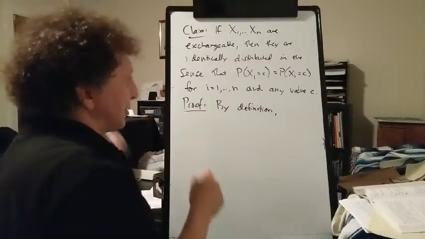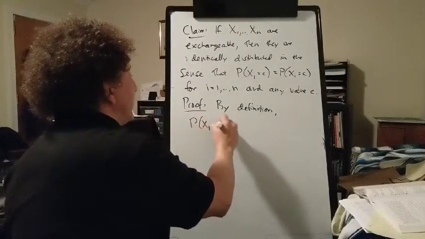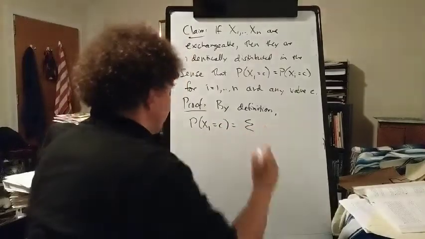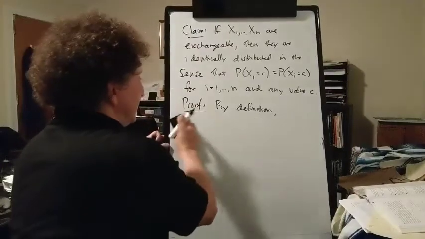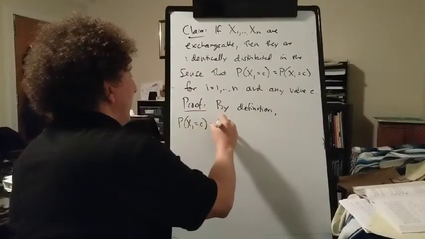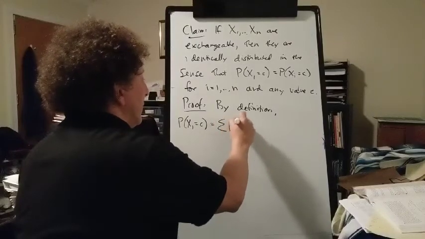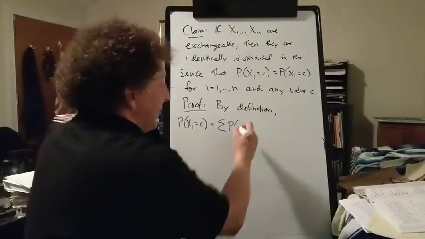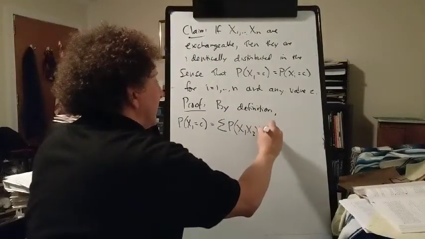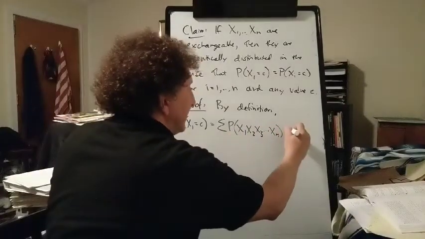So these are both marginal probabilities. The probability that x1 equals c is the sum of, let me give myself more room, the sum of the probabilities that x1, x2, x3, etc. up to xn equals, let's see, x1 is going to be c definitely.